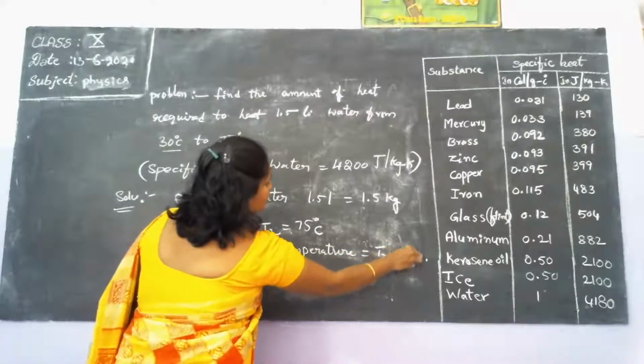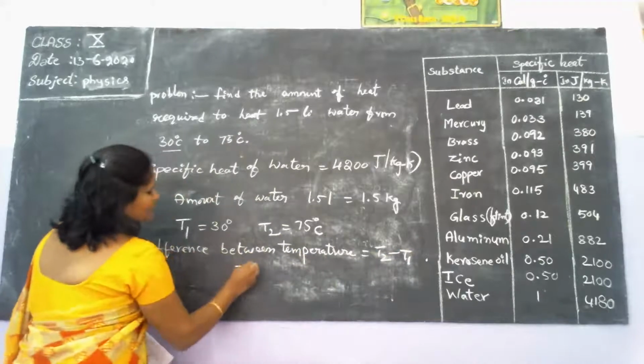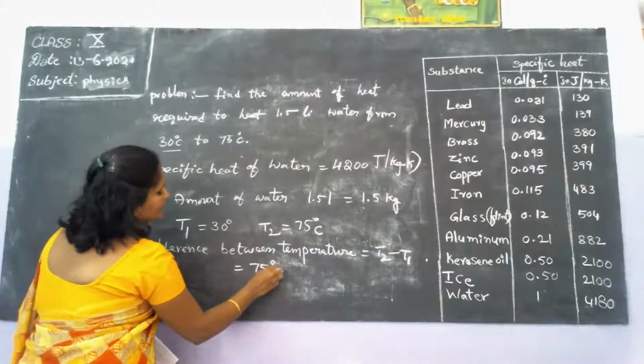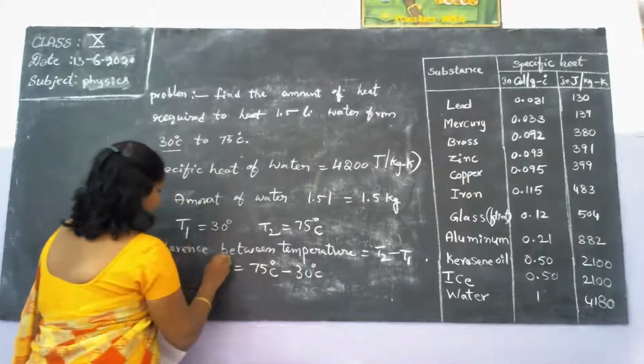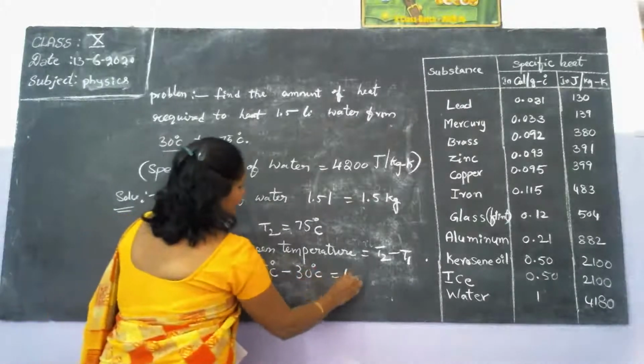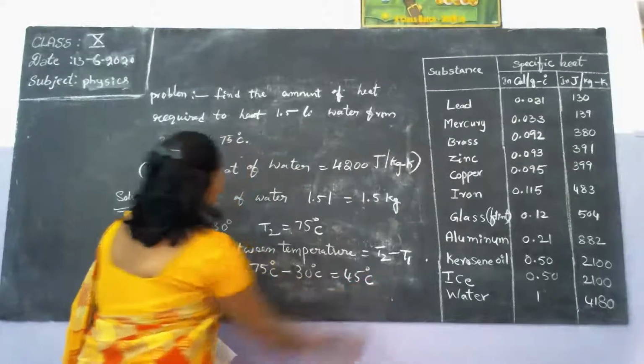T2 minus T1, that means 75 degrees Celsius minus 30 degrees Celsius, that equals 45 degrees Celsius.